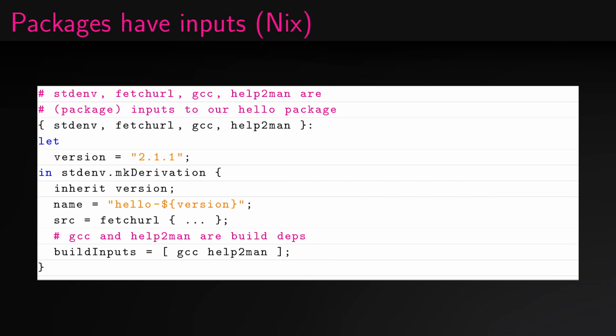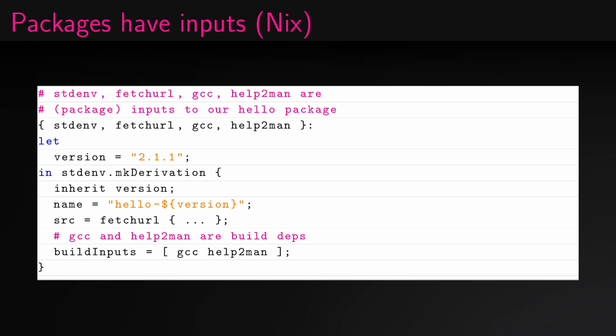The third line here is a list of named inputs: stdenv, fetchurl, gcc, and help2man. The last two are packages, and the second one, fetchurl, is a function provided by the Nixpkgs ecosystem.